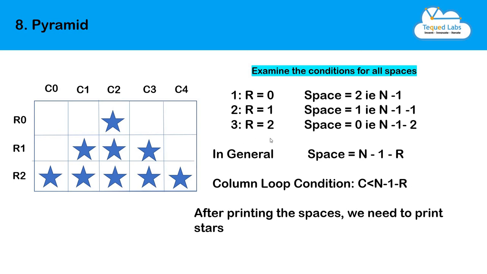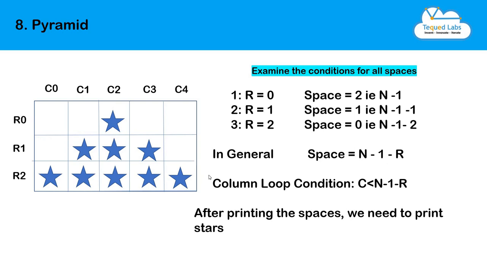So for any given r, number of spaces would be n minus 1 minus r. When r is 1, here 1 can be replaced by r. When r is 2, here 2 can be replaced by r. So the general formula to print spaces would be n minus 1 minus r.